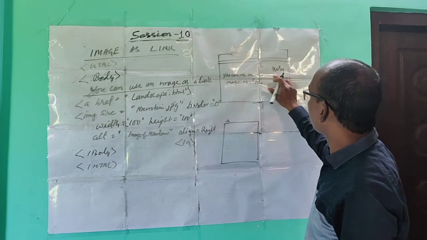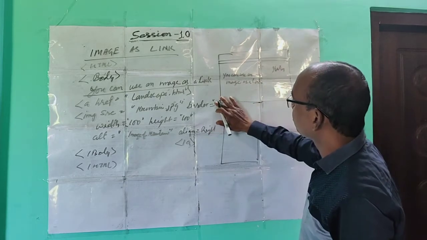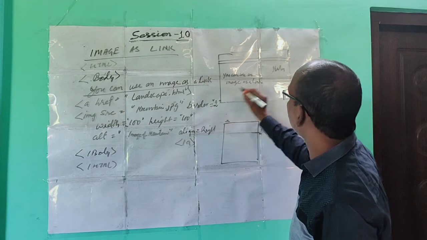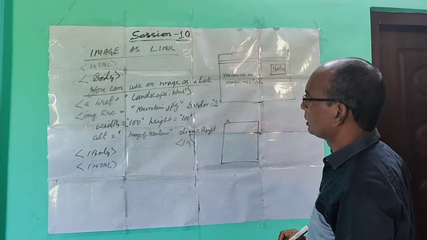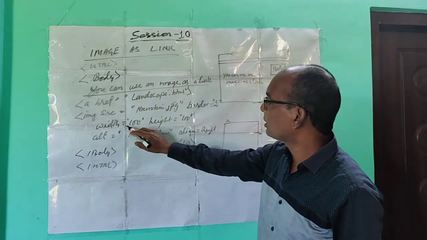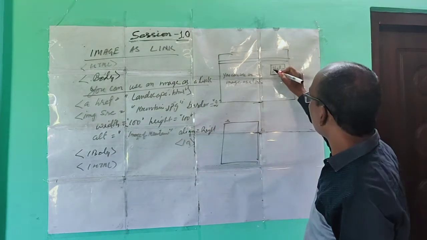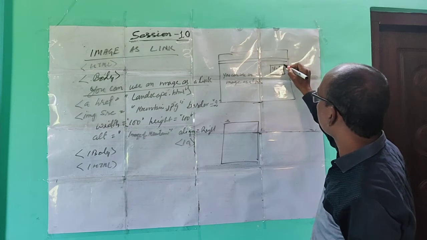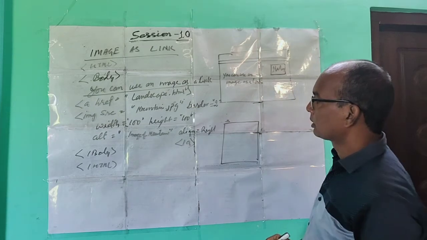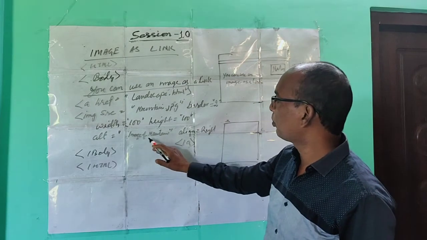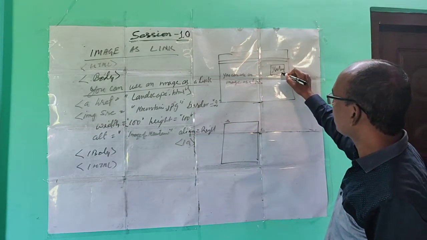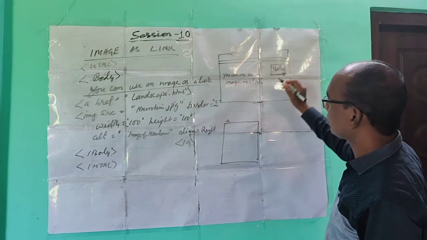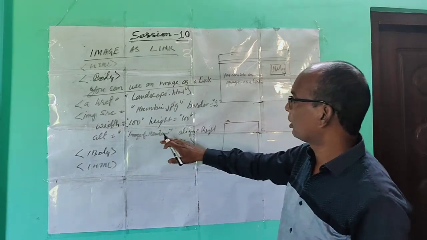If you want a border, you put it here 1 or 2, then you see one border will appear here. Second, width is 100, height 100. The width of the image and height of the image is 100 and 100 pixels. Second, ALT, image of mountain. If in any case the image does not appear, when you bring the mouse pointer here, you get the text image of mountain.